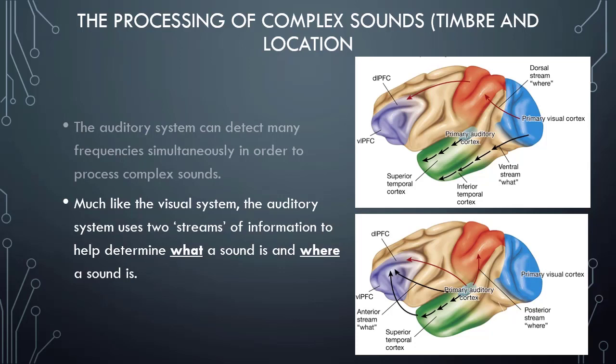And then the other thing that is important for processing complicated sounds and giving us some feel for what a sound is and where it's coming from is that information in the auditory system follows the same pathway as that in the visual system. And this is not some random coincidence. This is a very purposeful thing because we use that information from the visual system and the auditory system together, where information from this dorsal stream that tells us where a sound is and where a visual stimulus is are very likely going to be used together, right?